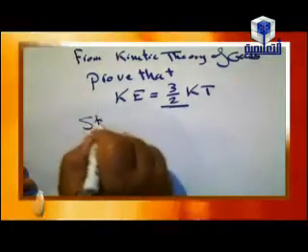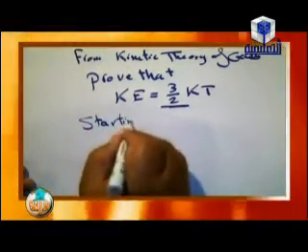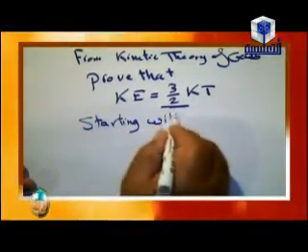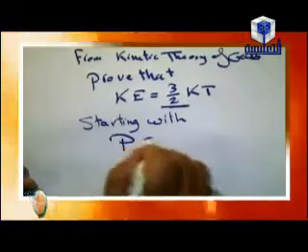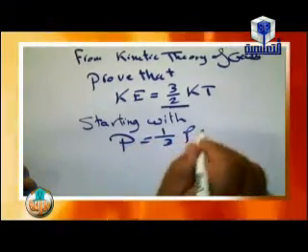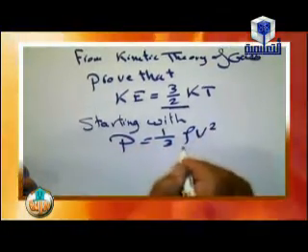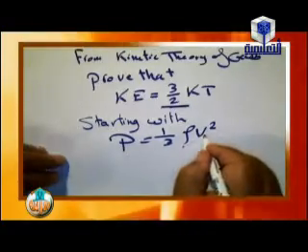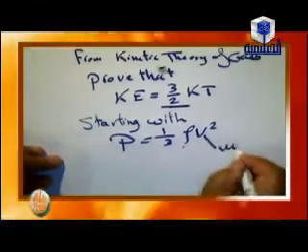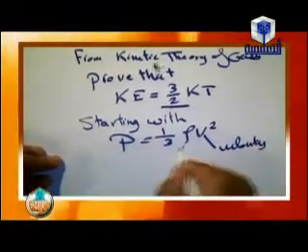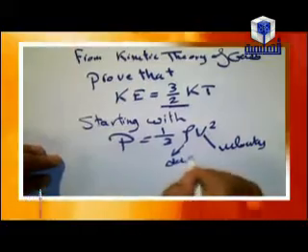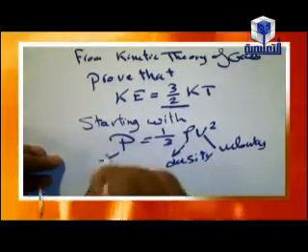Starting with P equals 1 over 3 rho V squared, where rho represents density, V squared is the square of velocity, and P is pressure.